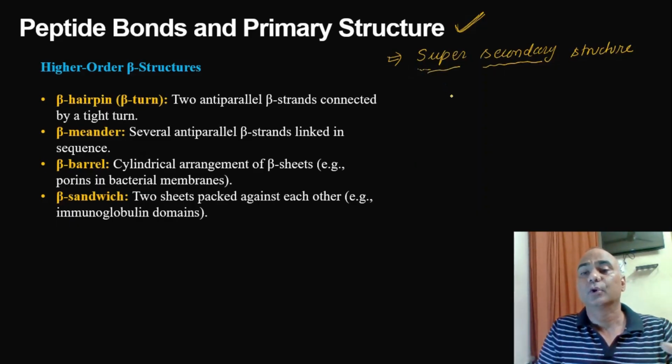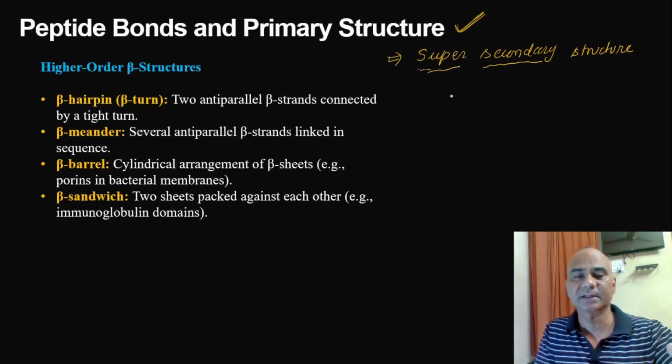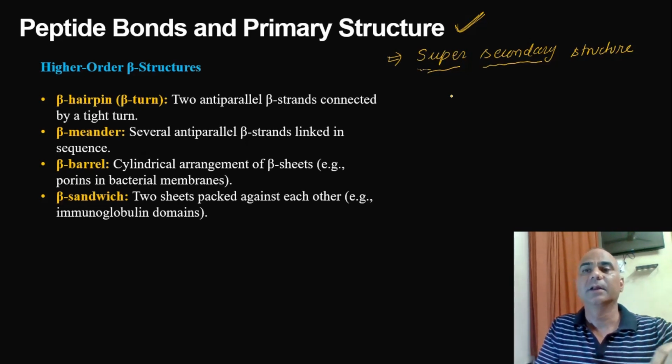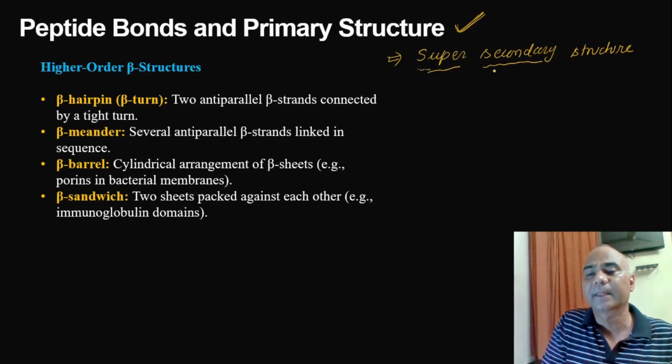When two or more kinds of secondary structures assemble with each other and make a large complex, such a structure is called a super secondary structure. What am I saying? You can already understand that there are two types of secondary structure. The first is the alpha helix and the other is the beta pleated sheet.